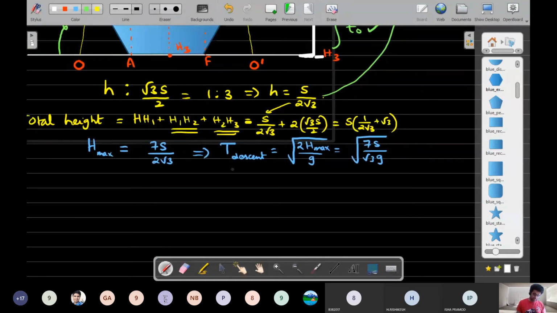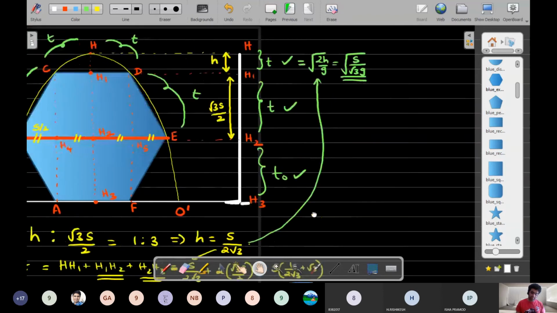So the total time of descent is nothing but small t naught plus 2t, which is equal to root of, I'll just borrow that blue colored thing, 7s by root 3g. Okay, right. And value of t naught plus 2 times of, what's the value of t that you got on the top?